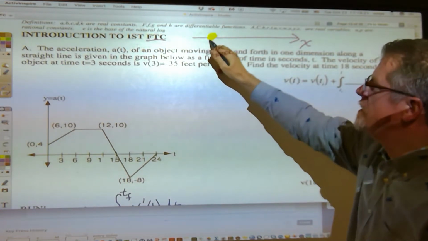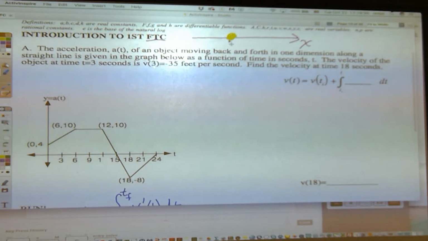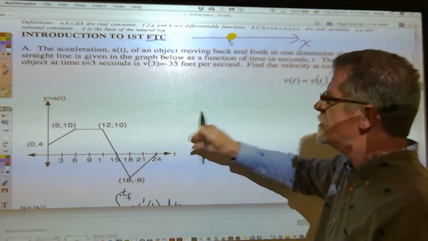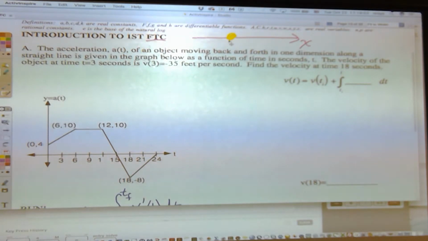And the acceleration of this particle is given in the graph below as a function of time in seconds t. So this is the acceleration function. They're giving us the velocity at time 3, find the velocity at time 18.